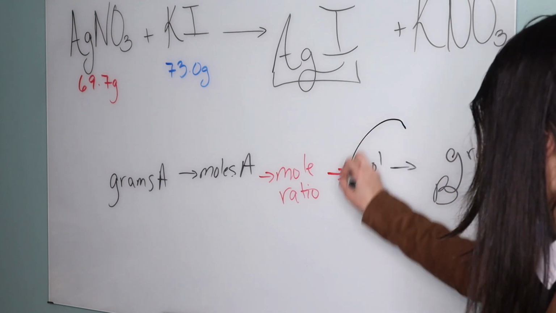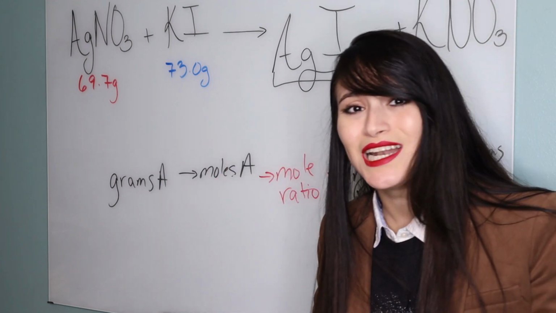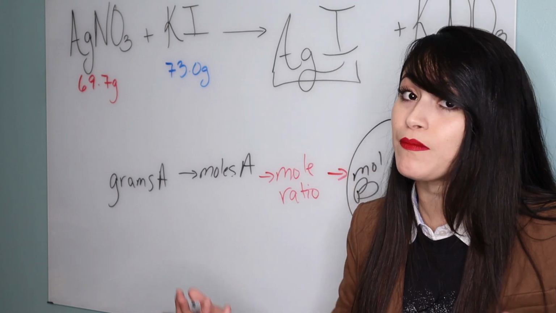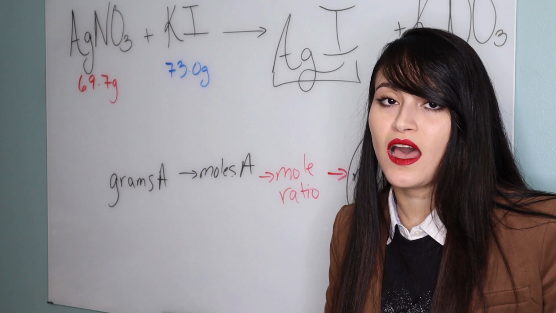You can just stop at moles, because if you generate the least amount of moles of a product, then you're also going to be generating the least amount of grams of a product.